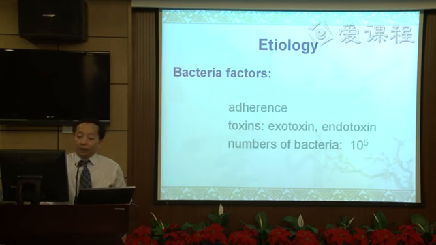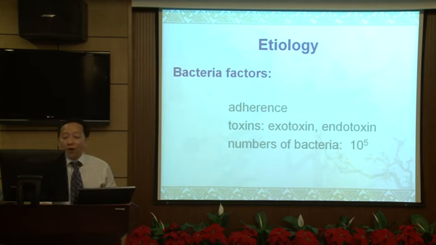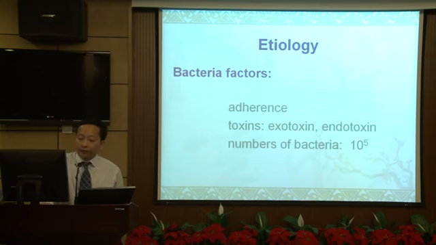The surgical infection may be caused by bacteria, fungi or protozoa. For the bacterial factors, there are adherence, toxins, either exotoxin or endotoxin, and the number of bacteria is also very important for the etiology. The number of bacteria should be more than 10 to the power of 5.